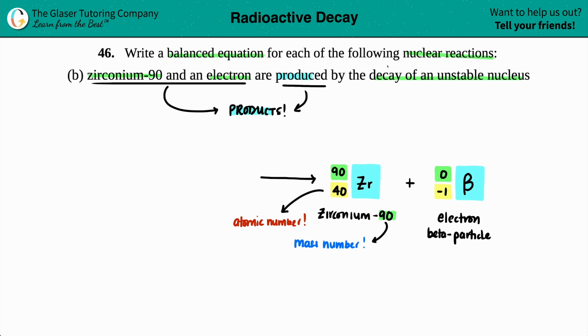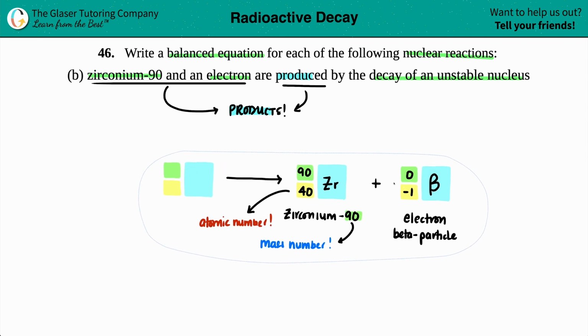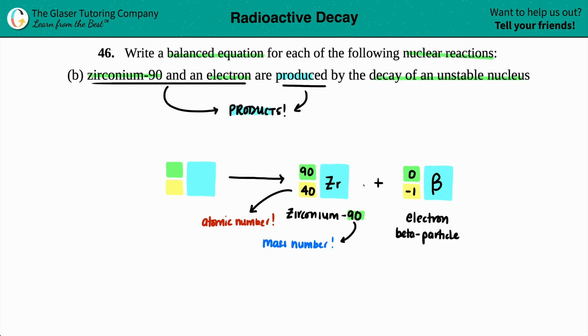Now, we know that we decayed from something, but they didn't say who it was. It just said something unstable. So we have to figure out what the unstable nucleus is. But we can totally figure this out because it's got to be balanced. This is a balanced equation, which means that across the yield sign, if we treat this as an equal sign, this equals 90 plus 0.